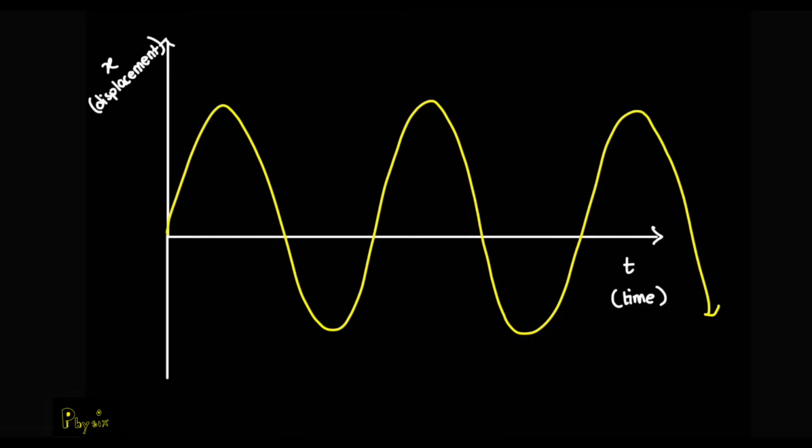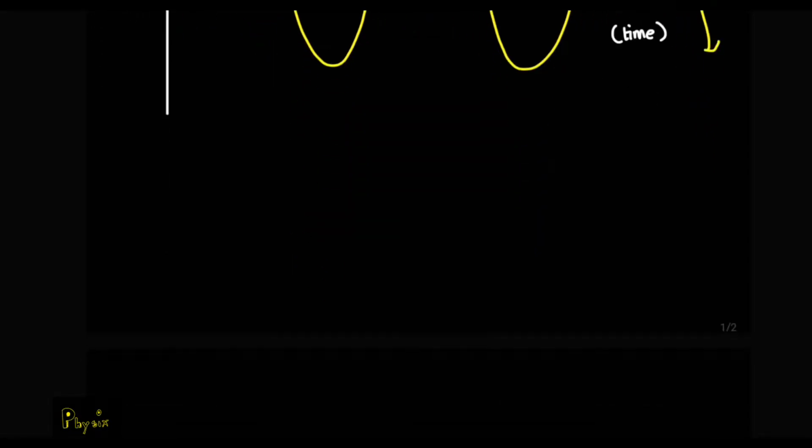Over here, the x-axis represents time and the y-axis represents displacement. So any particular point over here would be (t1, x1).